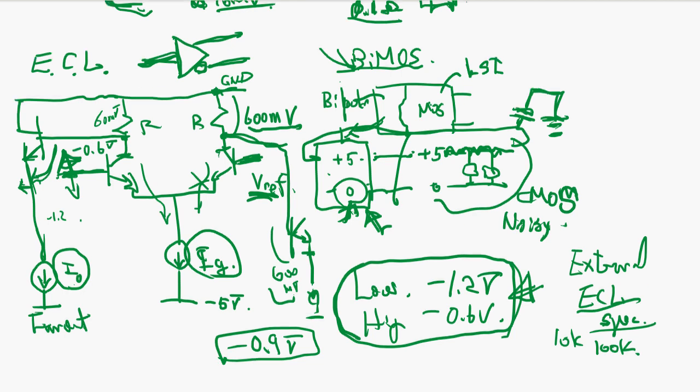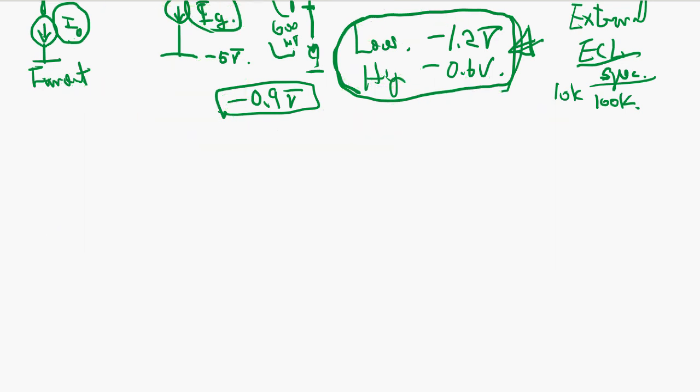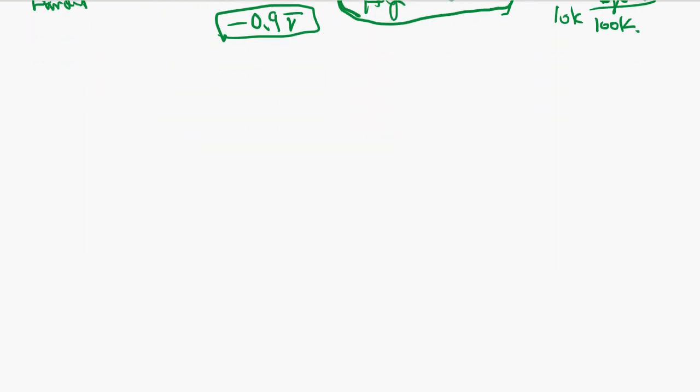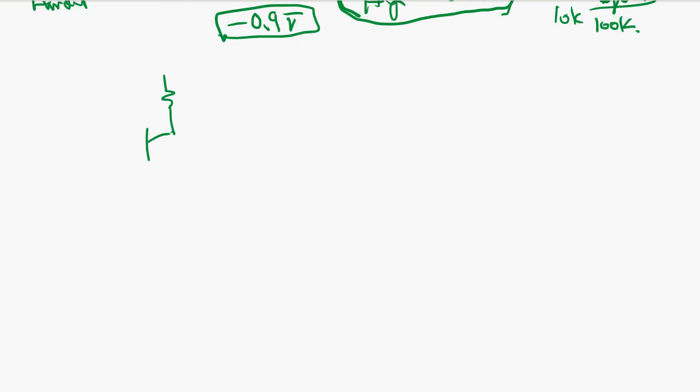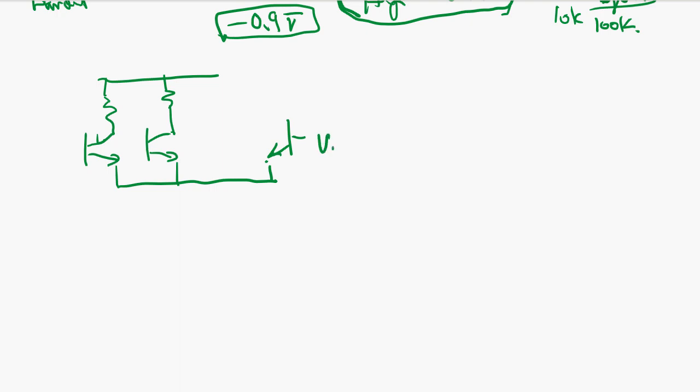Okay, so if you put the transistors in parallel, just like CMOS design, with emitter coupled here, and this is V reference, and you have a constant current going to the ground.